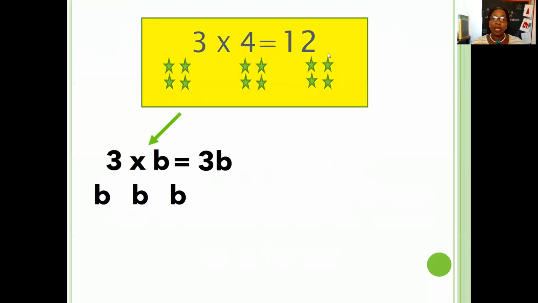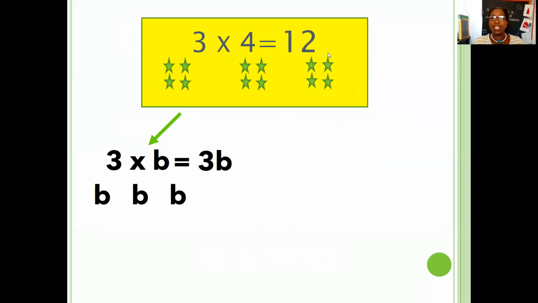When I show you 3 times B, that would mean 3 groups of B. So we have B, B, B, 3B. Look at it, let it soak in. I hope you have paper and pen and you are writing.